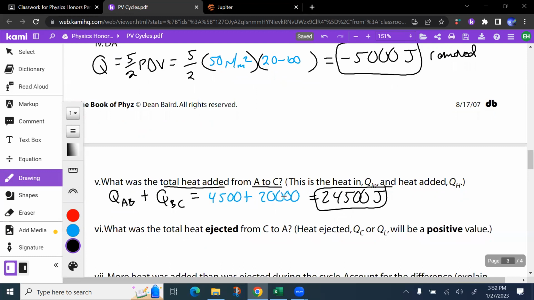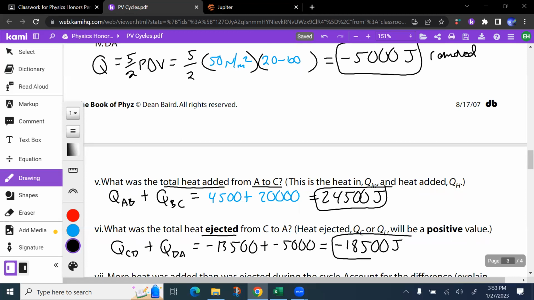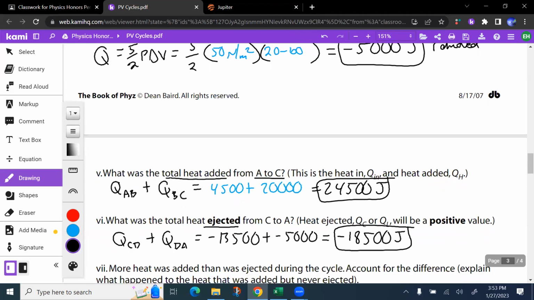What was the total heat ejected or removed? Now we go from the heat from C to D plus the heat from D back to A. So this one would be negative 13,500 plus negative 5,000, and we end up with about negative 18,500 joules removed.